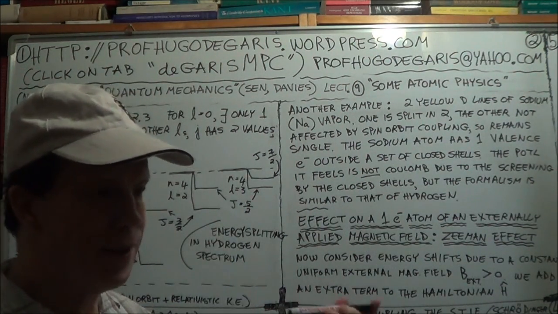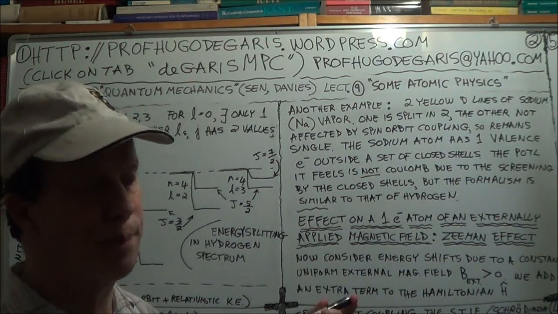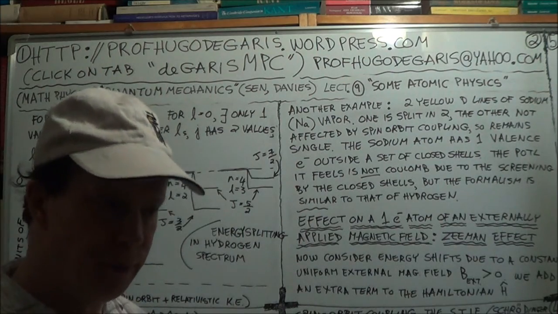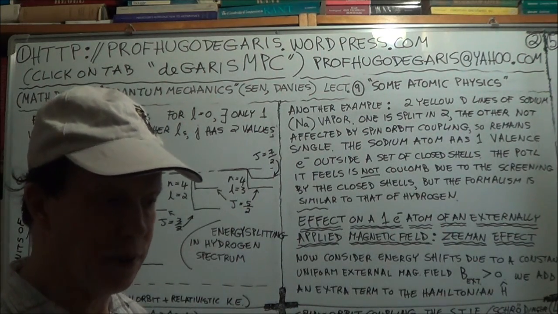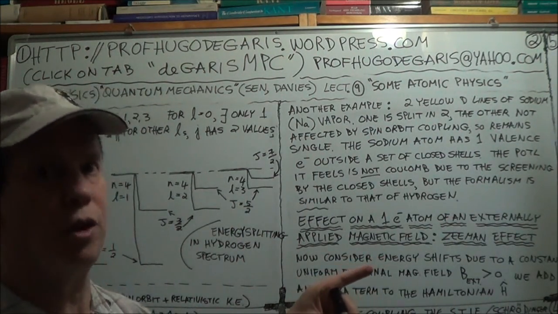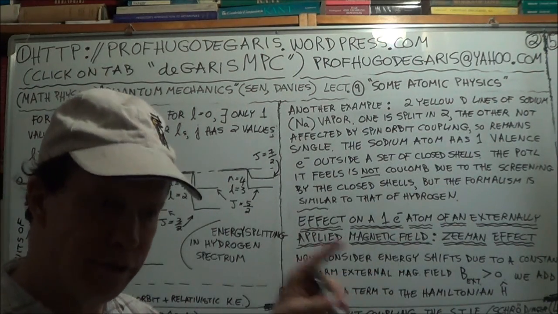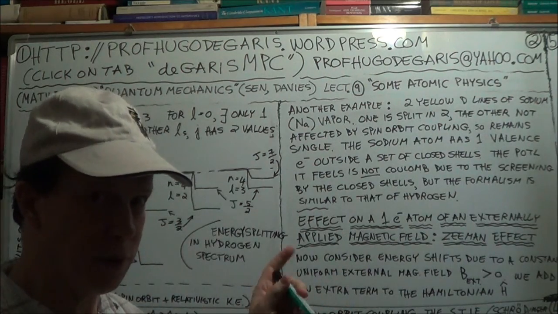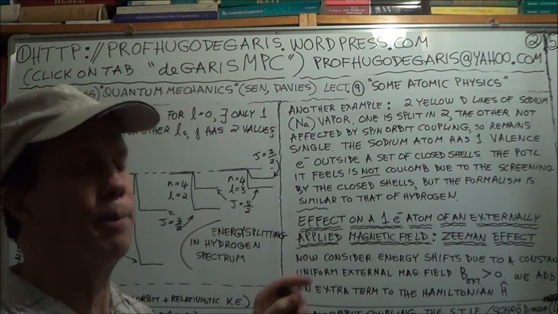So you add potential energy terms to the Hamiltonian, the energy operator, and hence these extra terms in the Hamiltonian will change the eigenfunctions and change the eigenvalues, right? Because the Hamiltonian has changed a little bit.